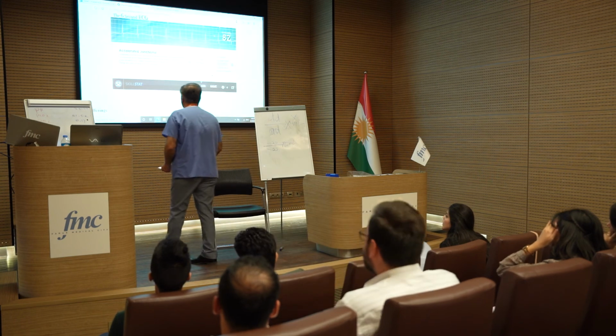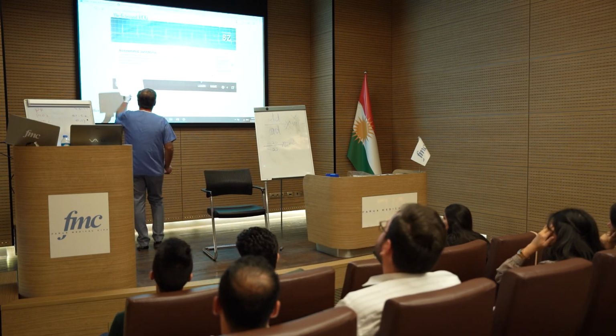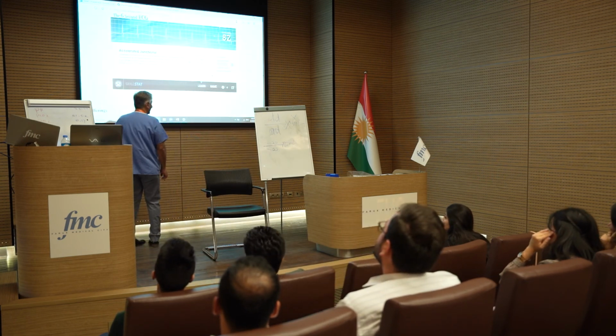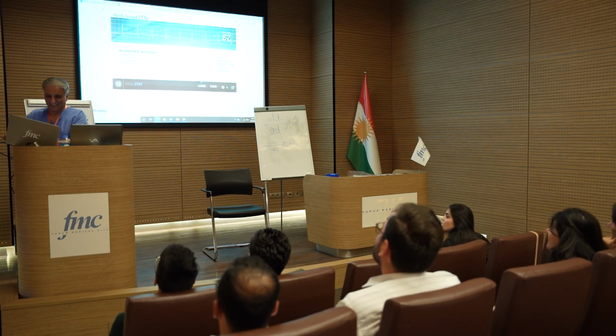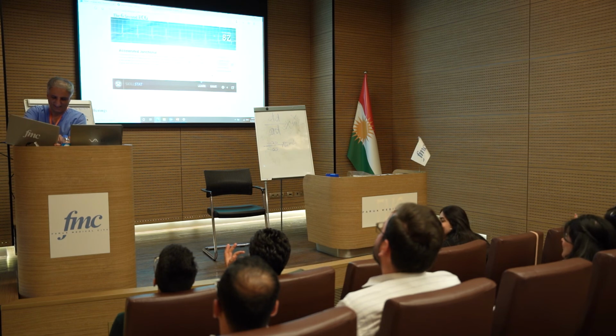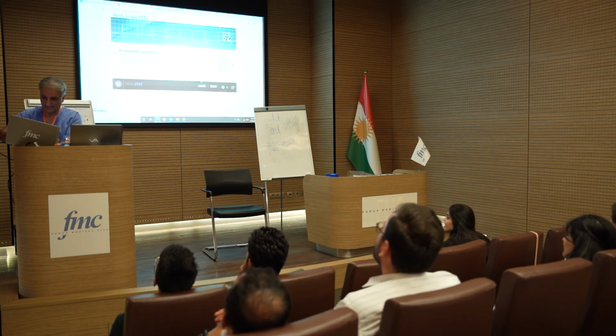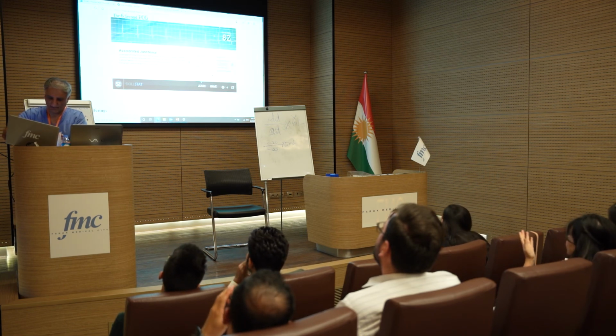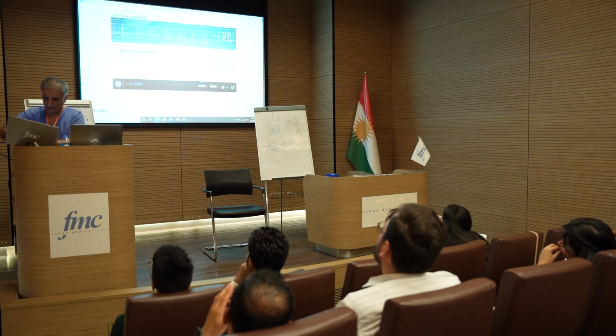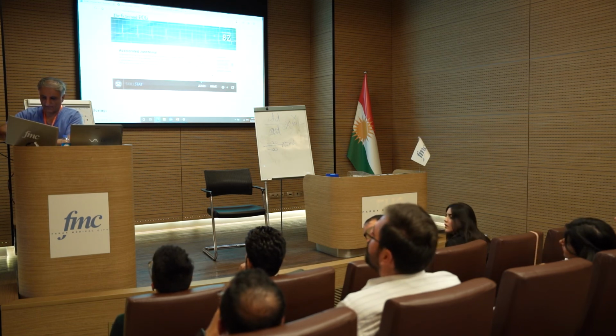So, is this regular? It looks regular, right? It's 3.5 large squares between QRS.